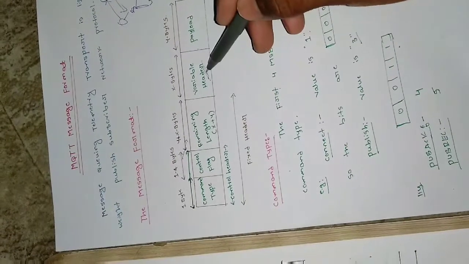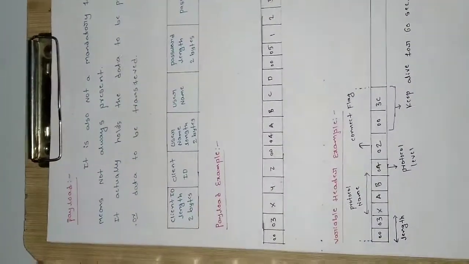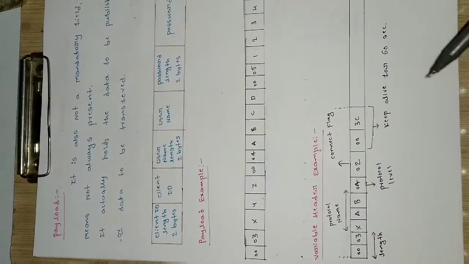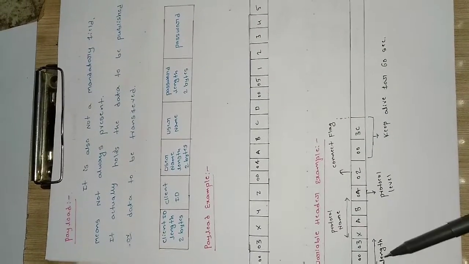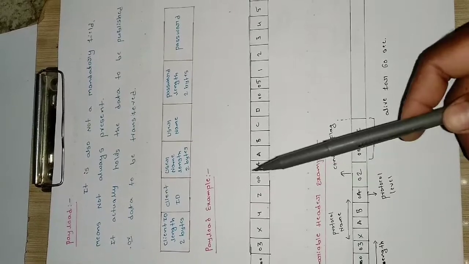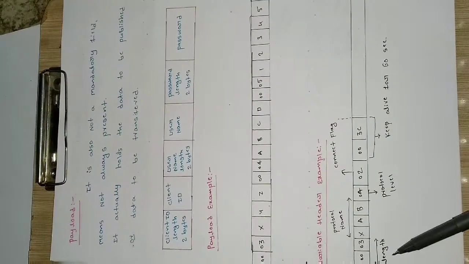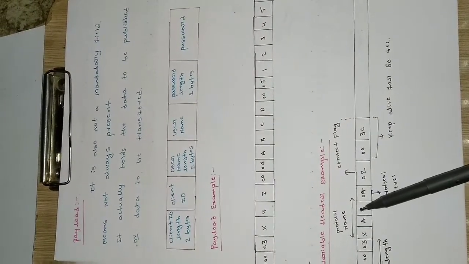Okay, so now we have not seen an example of the variable header. That is, we have seen a general format for this one, but we have not seen a real world example. So this is how a real world example will look. So here the length will be there, similar to the payload. So length will then be followed by the protocol name.